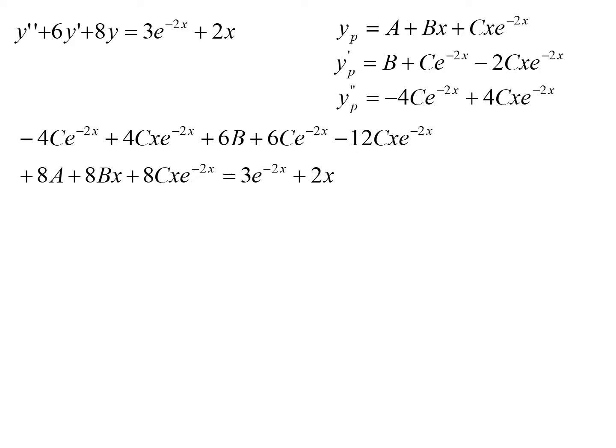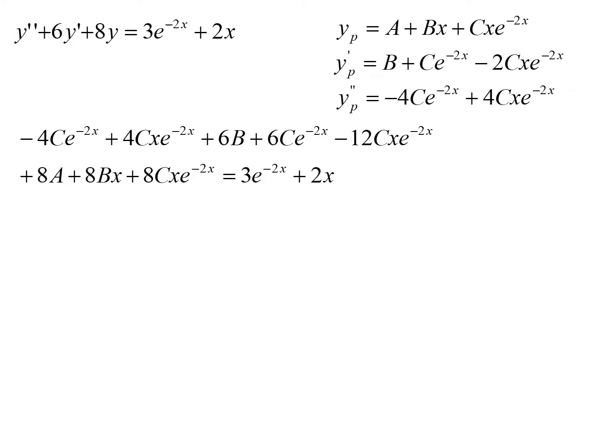So negative 4c e to the negative 2x plus 4cx e to the negative 2x, that's our y double prime, plus 6b plus 6c e to the negative 2x minus 12cx e to the negative 2x, that's our 6y prime, plus 8a plus 8bx plus 8cx e to the negative 2x, that's our 8y. And that should all equal 3e to the negative 2x plus 2x on the right-hand side.